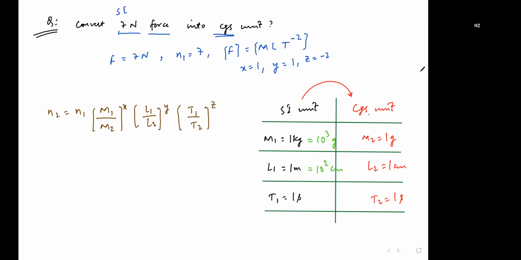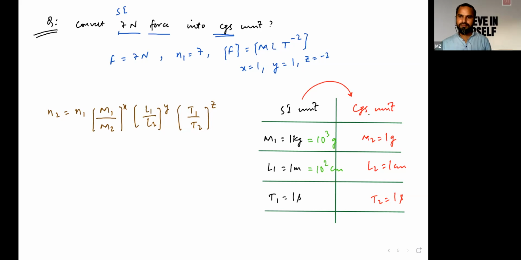Just 1 minute, sir. I can solve it, but how do I send it to you? Send your answer, and in place of the exponential, just write the number as well. Mariam, have you solved? No, sir. Aisha? No, sir, I'm doing it.